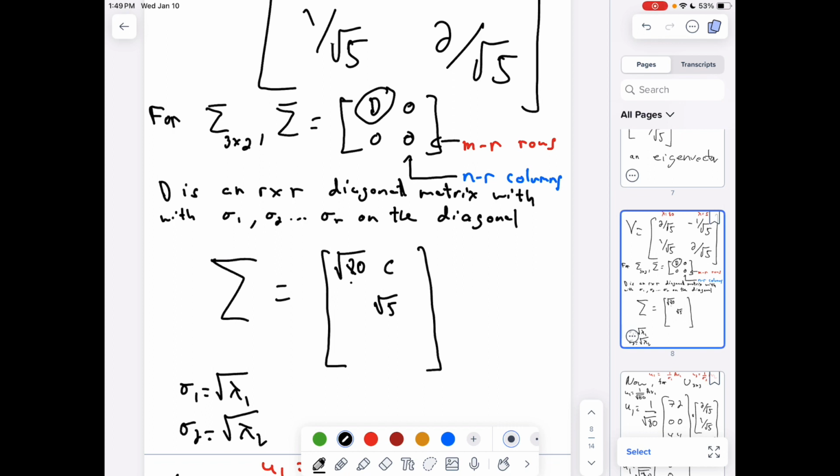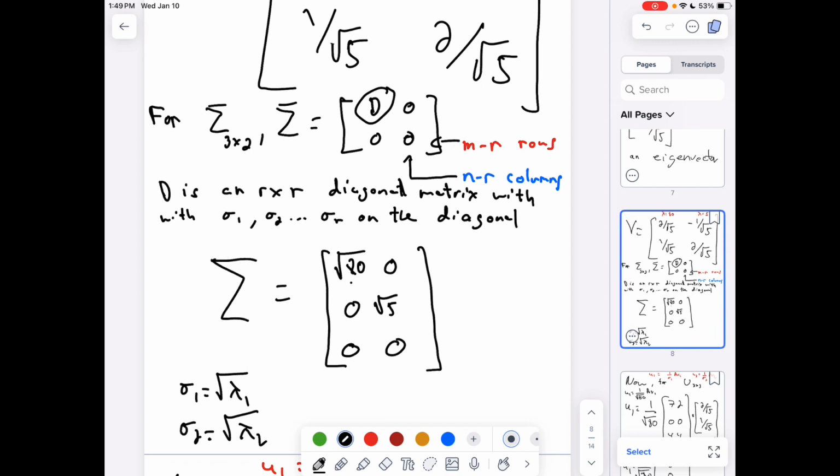So the diagonal matrix is formed as such, and this matrix sigma is the same size as A. So A is 3 by 2. So what I'm going to do is just put zeros everywhere else in your matrix to look like a 3 by 2. Officially, what I did was what you see written right above it.